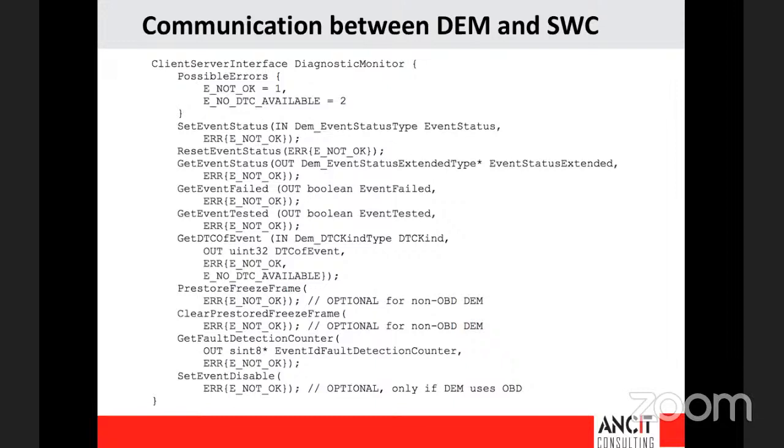If the error is logged once, and then again and again when the DEM is checking, the error has not occurred concurrently or recursively, then the same error will be removed from the NVRAM. That is why we have this fault detection counter. Once that is done, the error will be removed over a period of time.